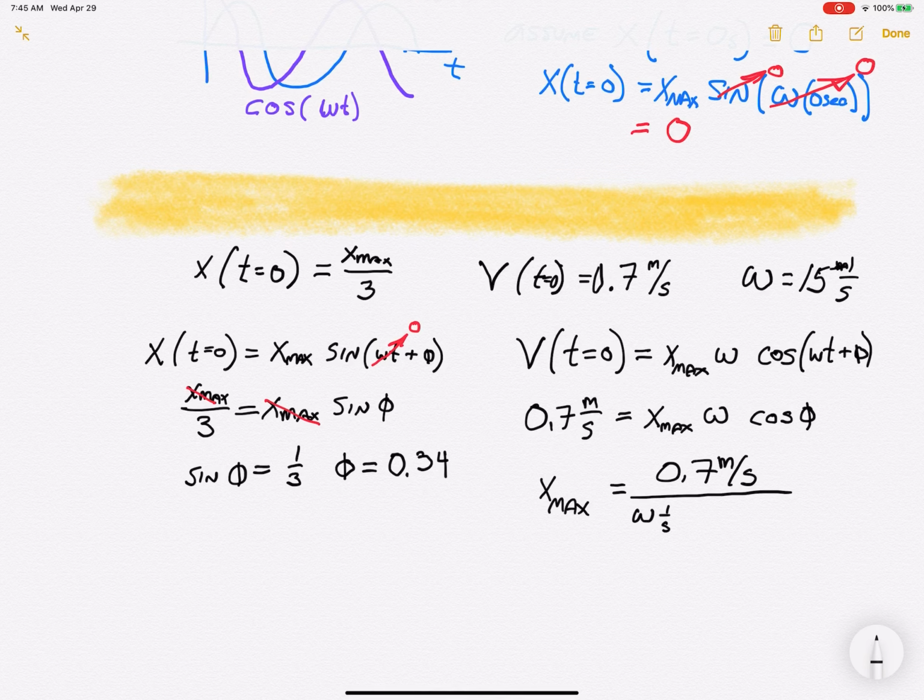We actually know omega. And then the cosine of 0.34. So, calculator time.